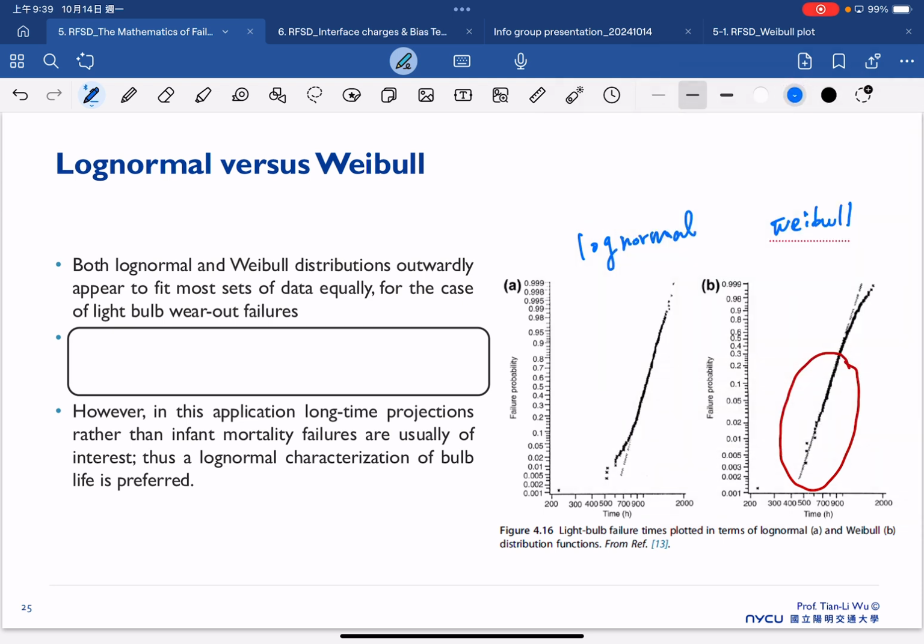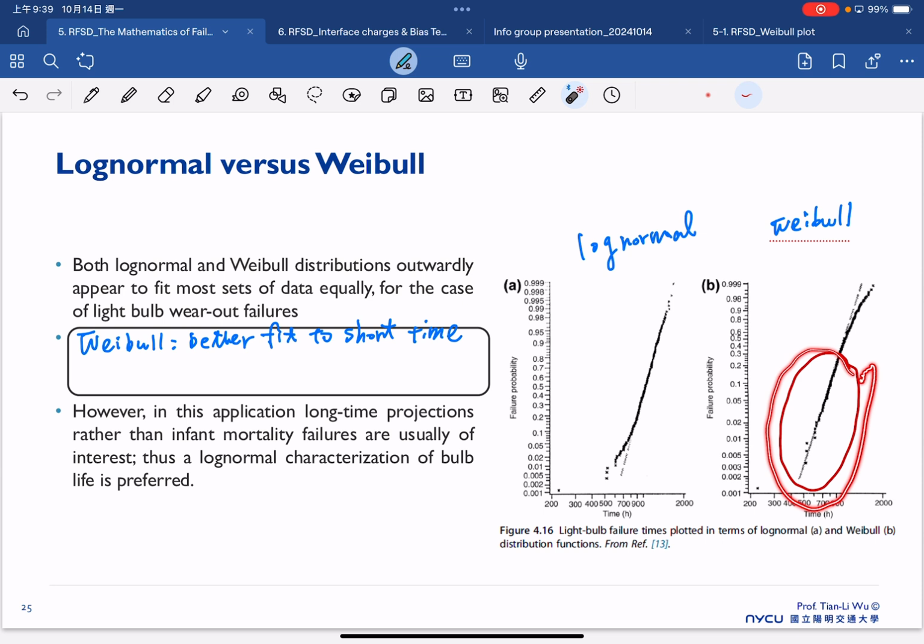So based on this observation, we can figure out that in the case of the Weibull distribution, we can fit the short times better, that is, for times that are relatively short. As shown in the data set here, basically we can fit this data set very well.